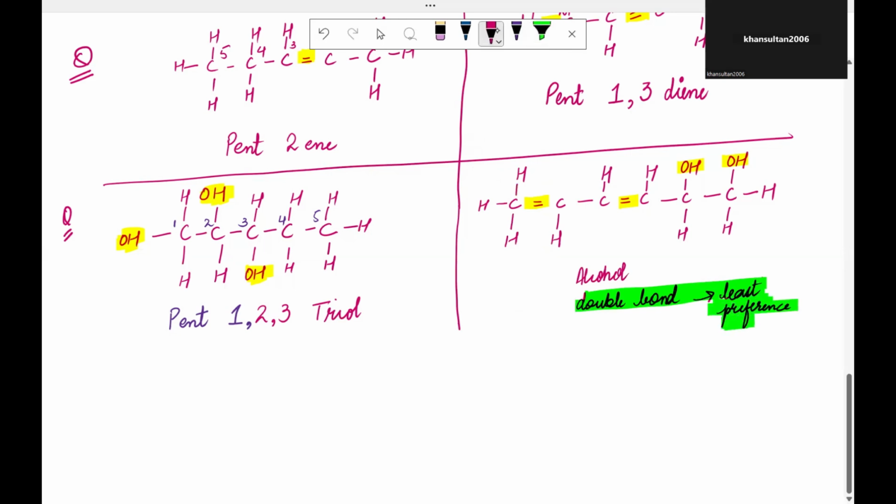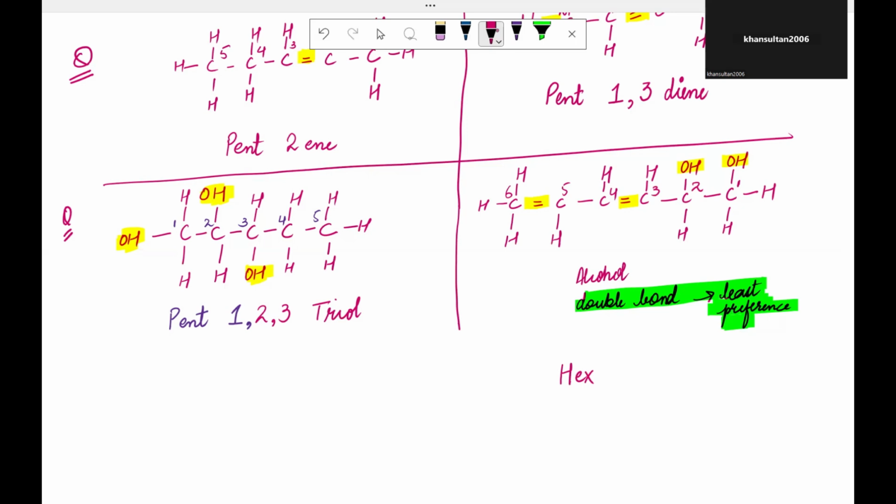So if it is given the least preference, then we are going to start numbering this carbon chain from this place. 1, 2, 3, 4, 5, 6. So how many? It would become hex. And first we are going to count where the double bond is present.